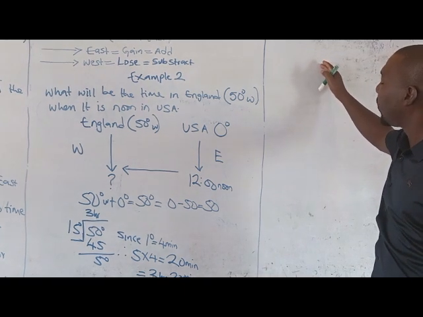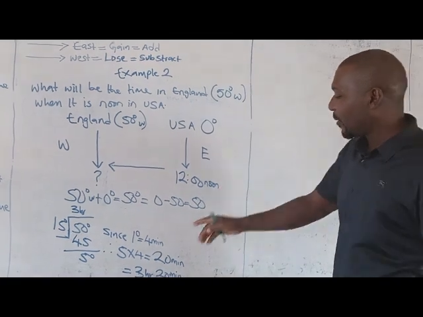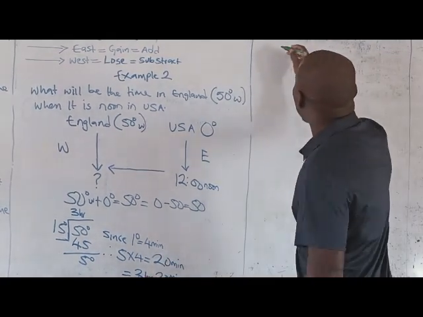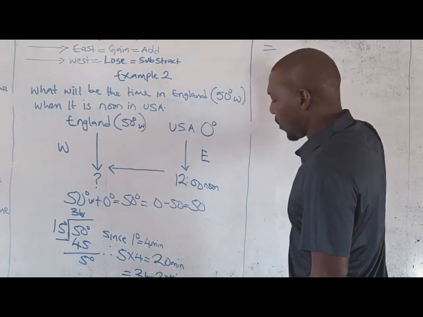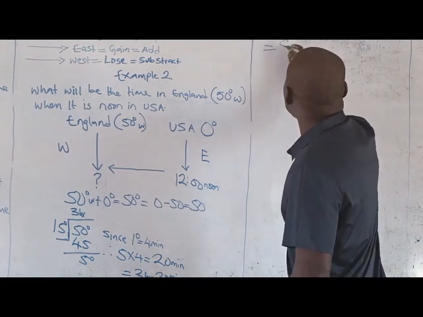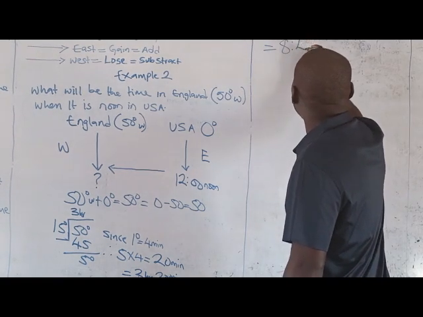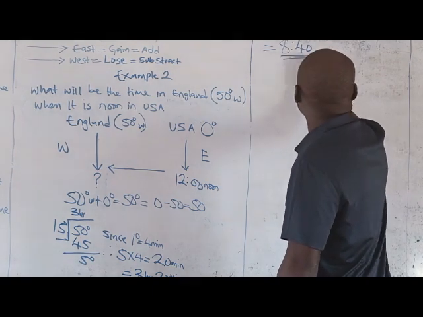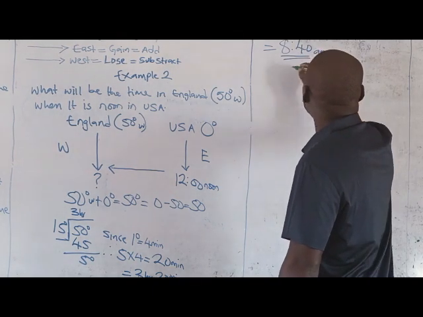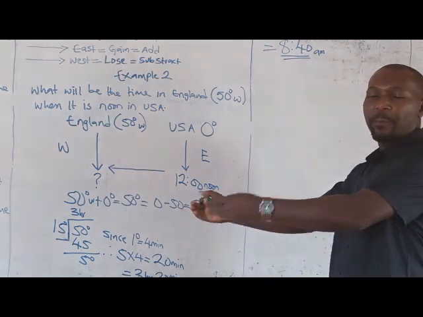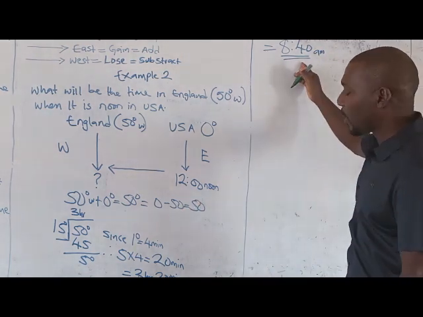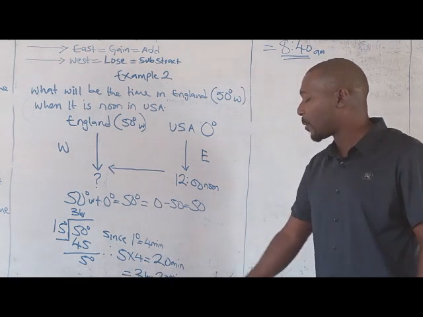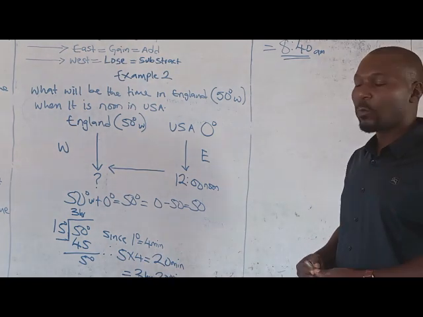We are removing 20 minutes from 60 minutes. Our answer will be 8:40 a.m. since it was noon, so we are going backward. So that will be our final answer when we subtract 3 hours 20 minutes from 12 noon. Hope you understand.